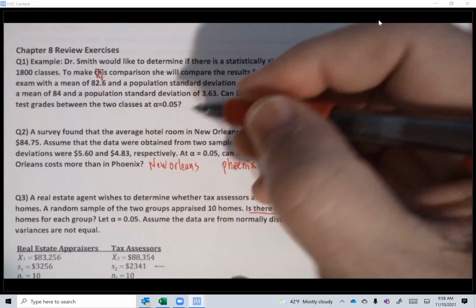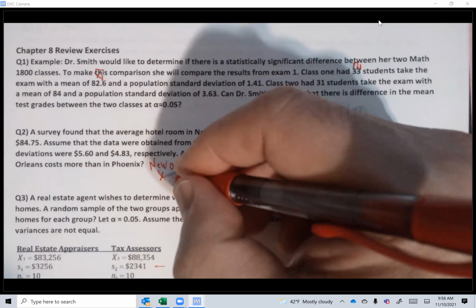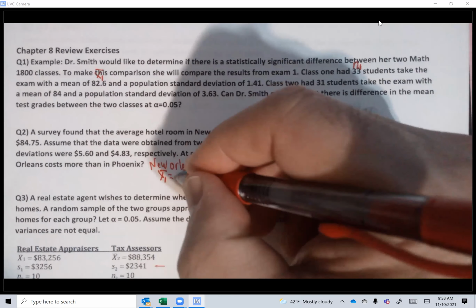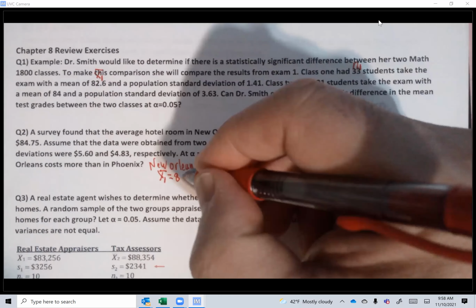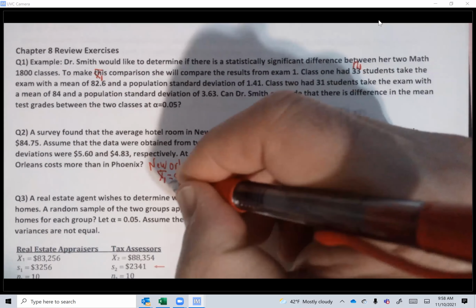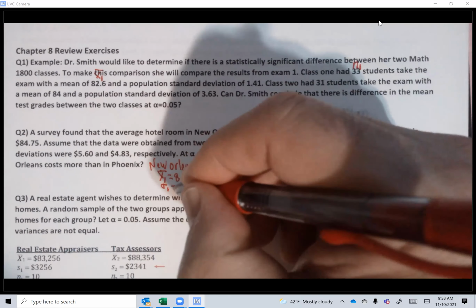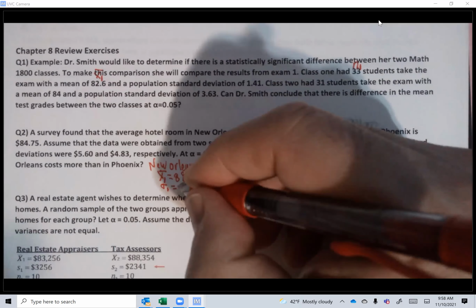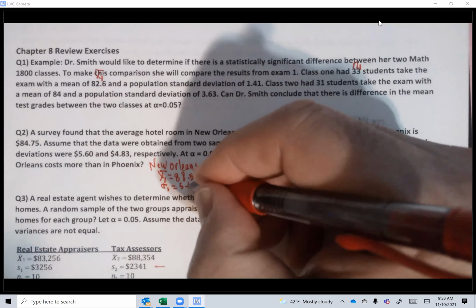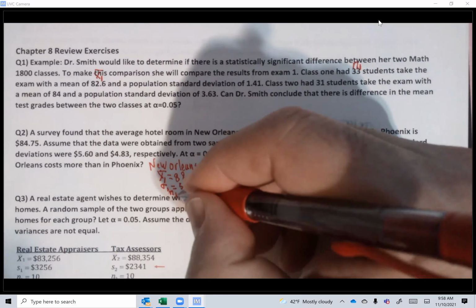So he says X1 bar is 88.50. Sigma 1 is 5.60. And N1, he says 55 hotels.